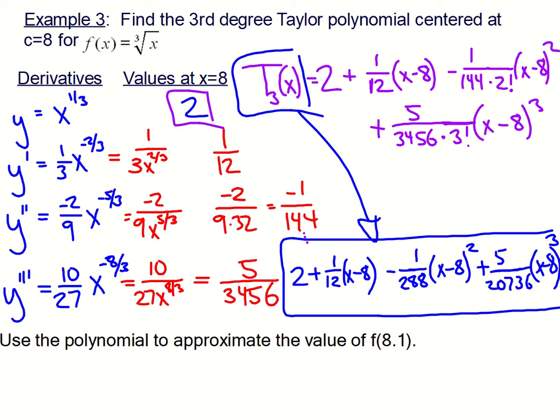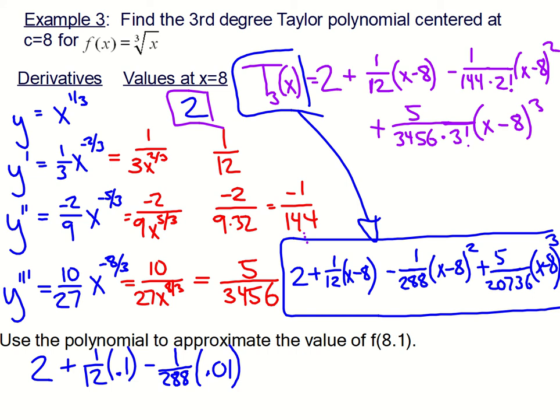And so we would use the ratio test to examine where these power series are going to converge. In this case, we're not doing that today, so we're just going to put in 8.1 for x. And when we do that, we get 2 plus 1/12 times 0.1 minus 1 over 288 times 0.01. 0.1 squared, right? 1/10 squared would be 1/100th.